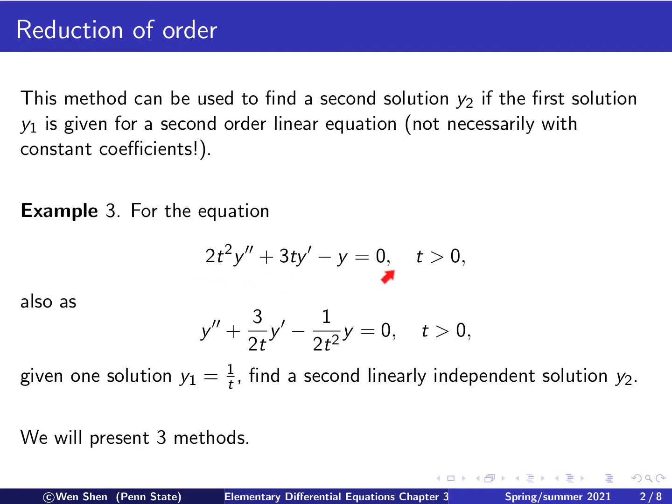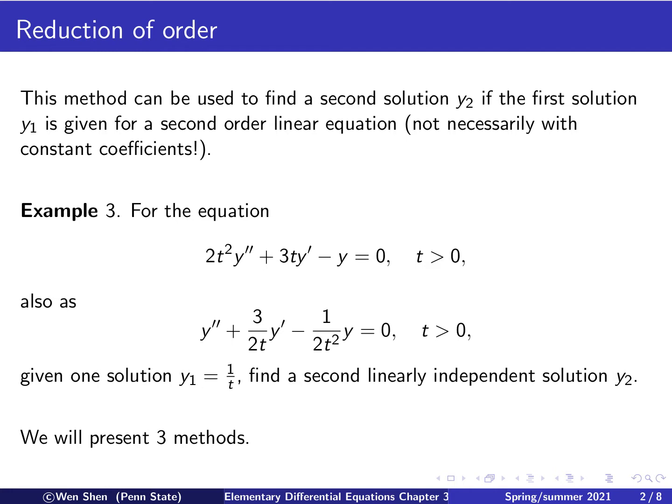Therefore, you can divide each term by 2t squared, and I get y double prime with 1 in front, and then 3t over 2t squared, cancels the t, I get 3 over 2t y prime, and then negative 1 over 2t squared y equals 0. And then you see that for this equation, we don't know the existence of solution where the denominator becomes 0. So it has to be on only half of the real line, at t bigger than 0.